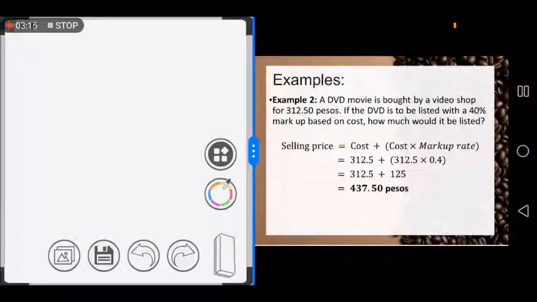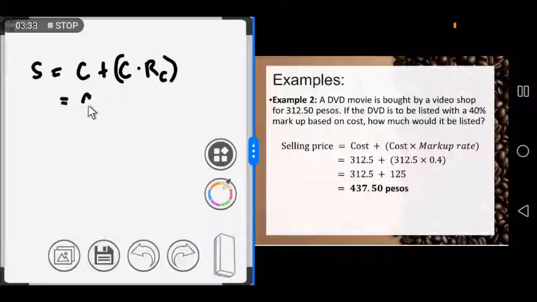Now, as you can see, if you apply algebraic methods on our formula, let's say selling price is equal to cost plus cost times the rate, so C plus CR.